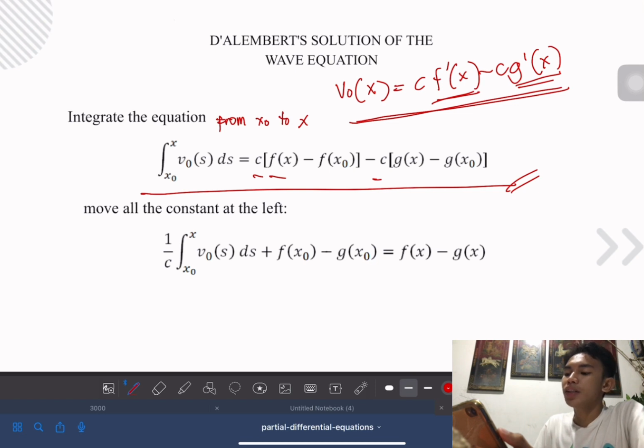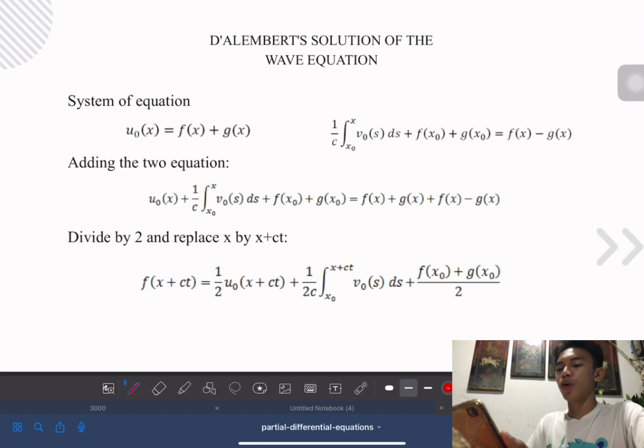To simplify this formula, we need to move all the constants to the left. So 1 over c times the integral of v sub 0 of s ds evaluated from x sub 0 to x plus f of x sub 0 minus g of x sub 0 is equal to f of x minus g of x. And this will become our third equation.